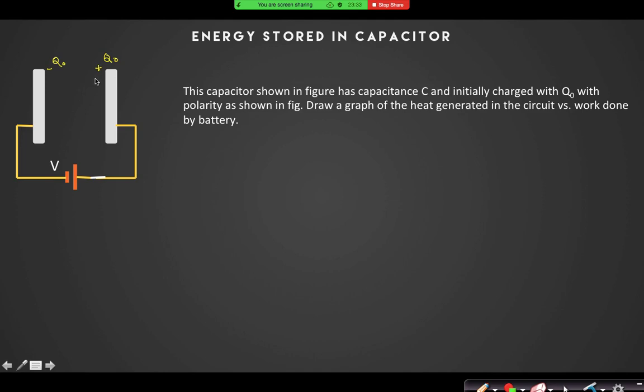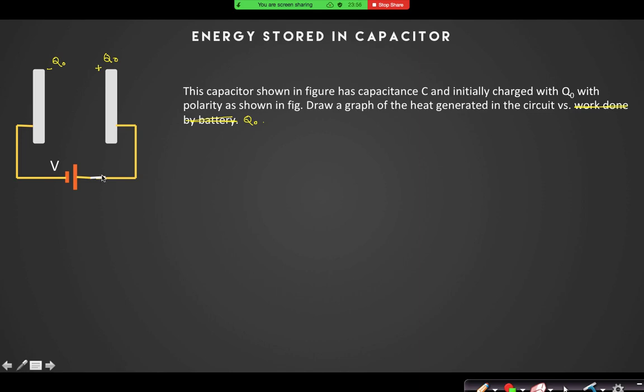Draw a graph of the heat generated in the circuit versus Q naught. I have to change that question a bit. That means I can actually vary the initial charge on the capacitor.